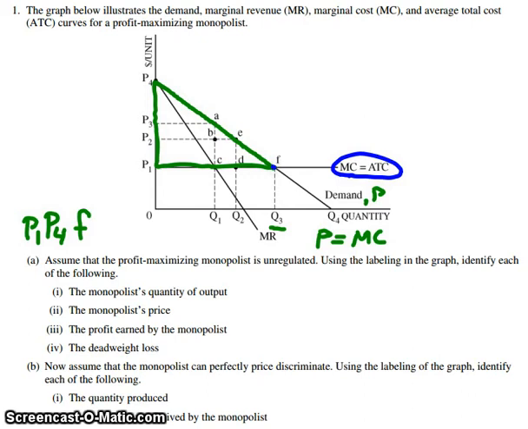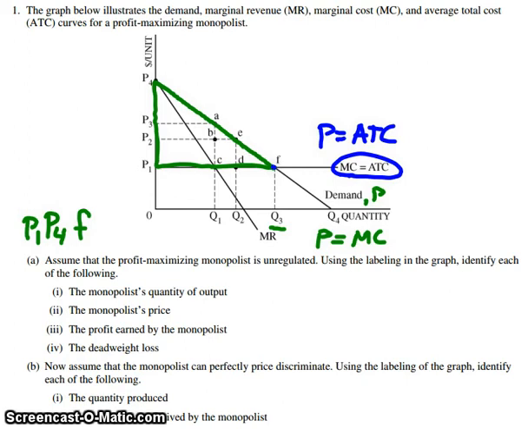Price is equal to average total cost. So that is the break even. So the monopolist is not profiting or losing. They are experiencing break even at this point.